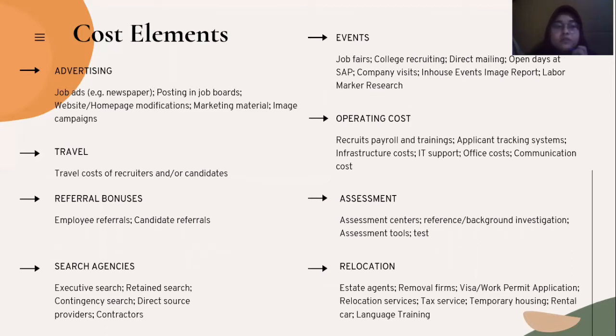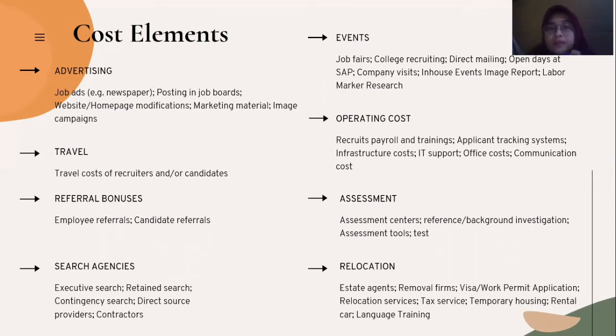Next is travel. Travel cost of recruiters and or candidates. Referral bonus, like employee referrals and also candidate referrals. Search vacancy: executive search, right-hand search, contingency search, direct source providers, and also contractors.